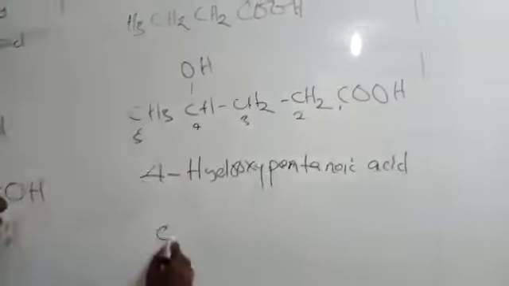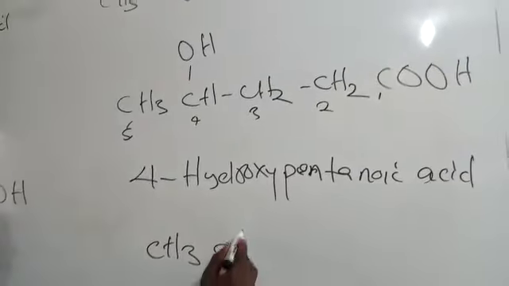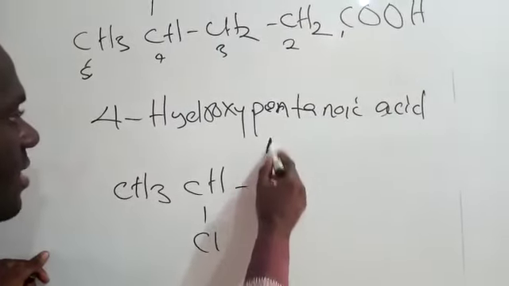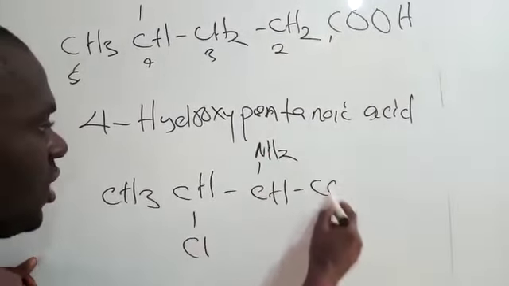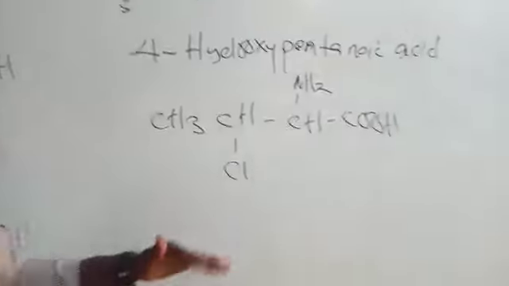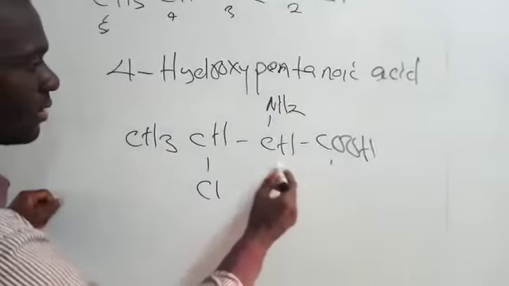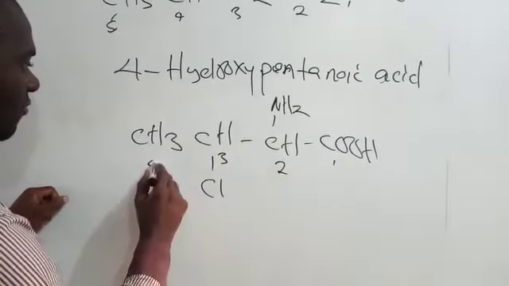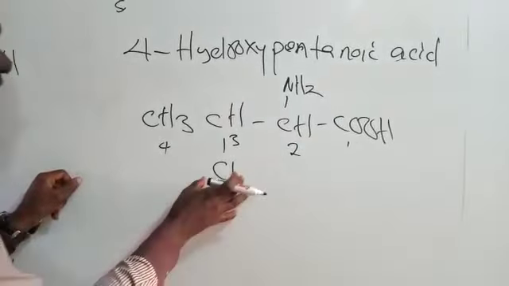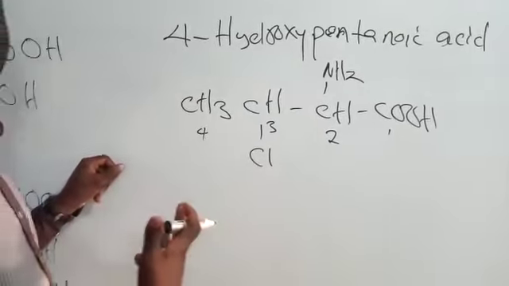Okay. Now, if you have another compound like this, CH3CHClCHNH2COOH, and you are asked to name. You count from the carboxylic functional group 1, 2, 3, 4. Now, this NH2 is called amino group. Then Cl is called chloro. Good.